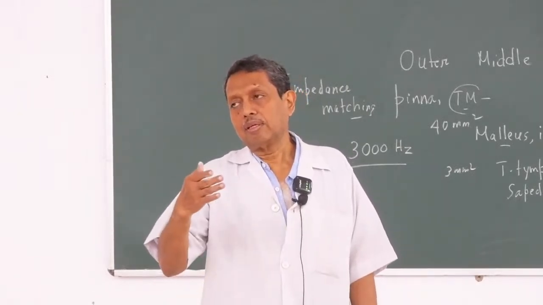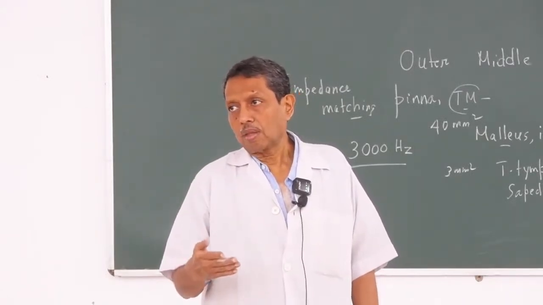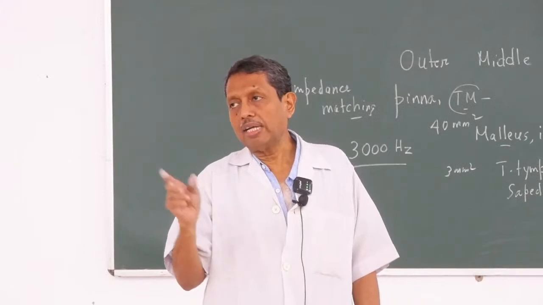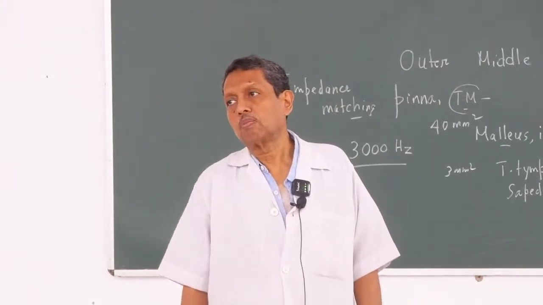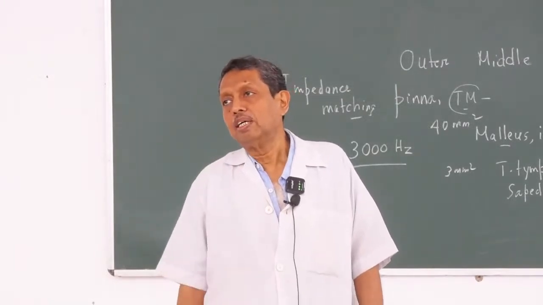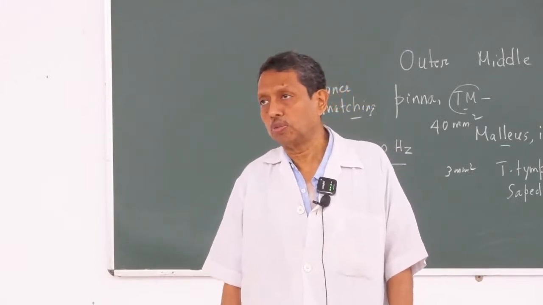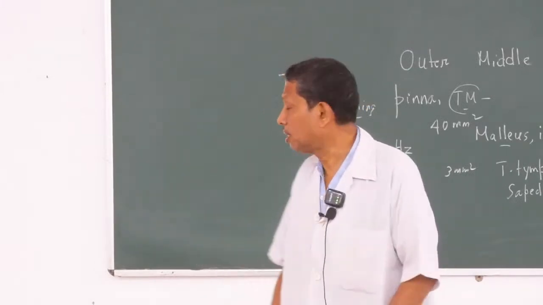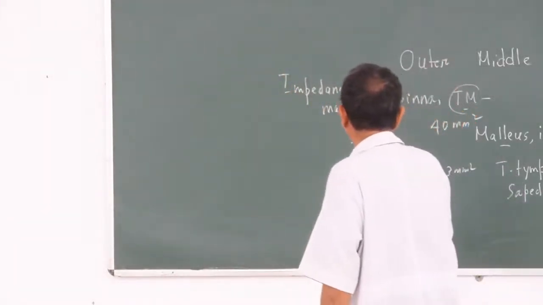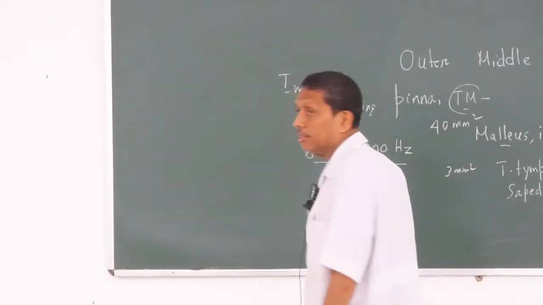And the natural frequency of the external auditory canal is close to this value. So there is every attempt by nature to conserve energy as much as possible, so that it is not lost.